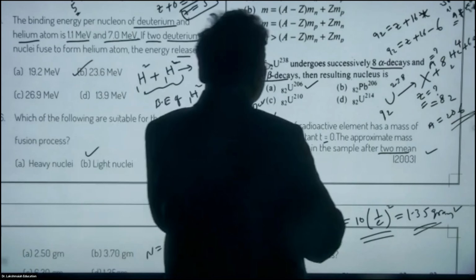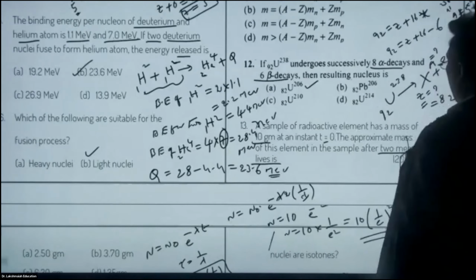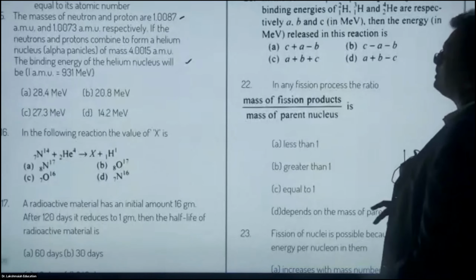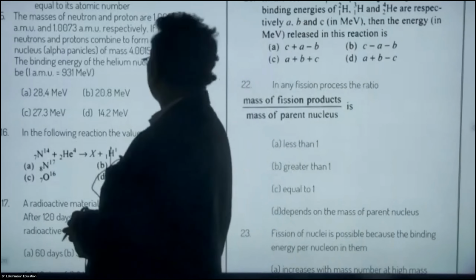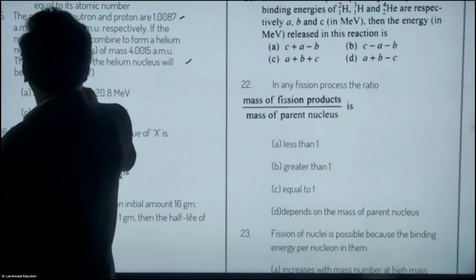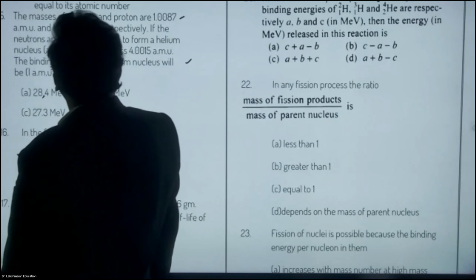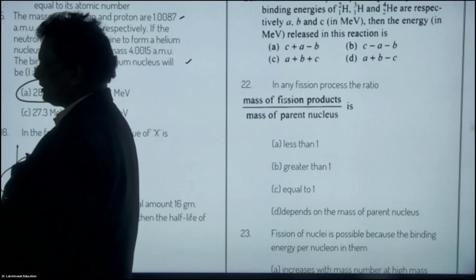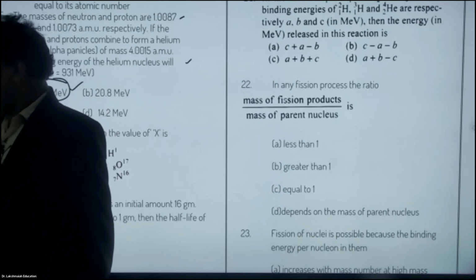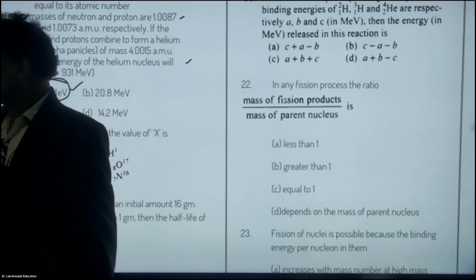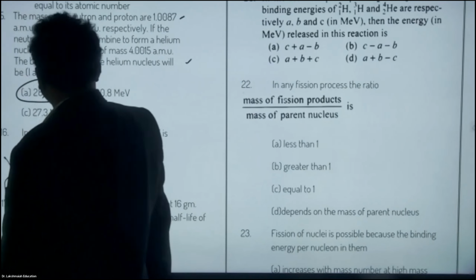So which option is correct? 28.4 million electron volt. Option 1 is correct. You have to remember this: for helium, 28.3 or 28.4 million electron volts. Right. Next question.